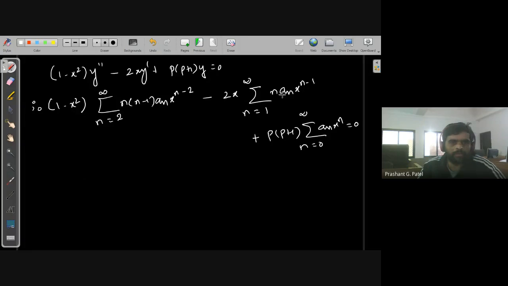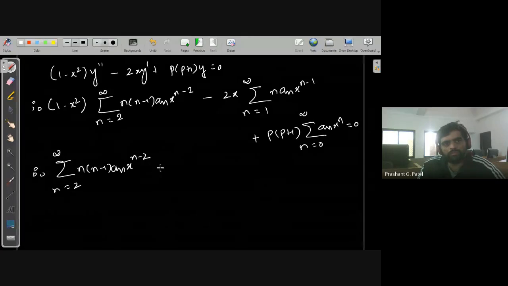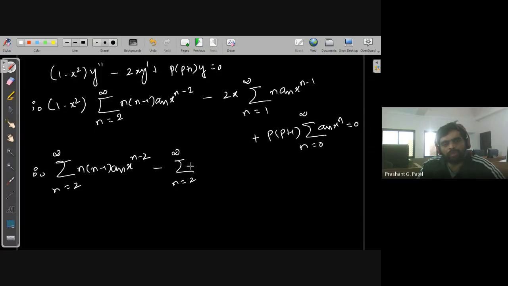If I separate all the summations and multiply the bracket through, we get summation n running from 2 to infinity n(n minus 1) a n x raised to n minus 2, minus summation n running from 2 to infinity n(n minus 1) a n x raised to n, because x square is multiplied into this summation.